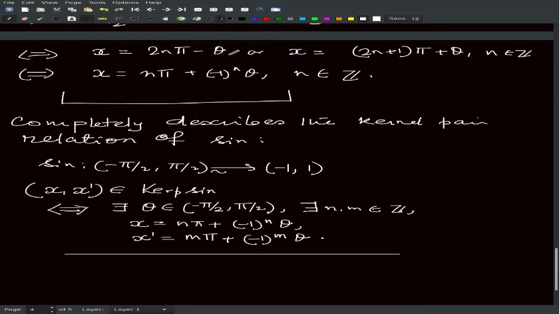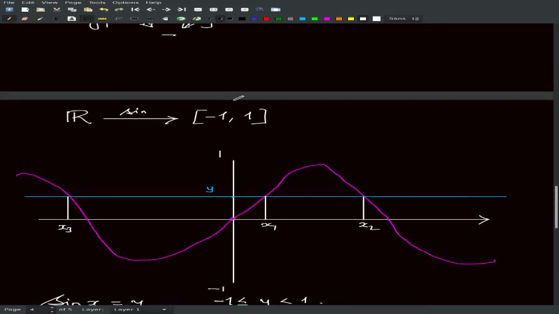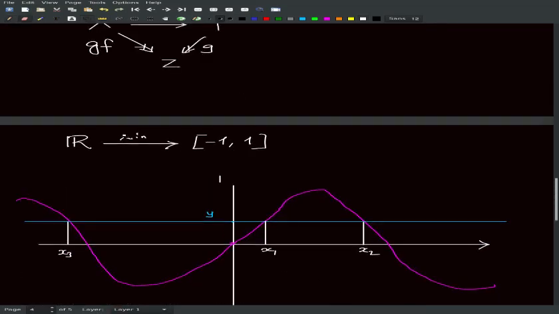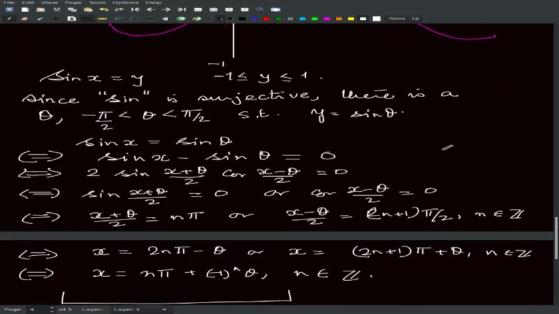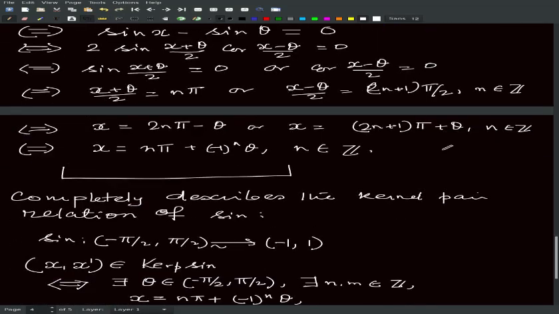If you are pedantic enough, you would instead write like this, and then you would have the kernel pair of f.